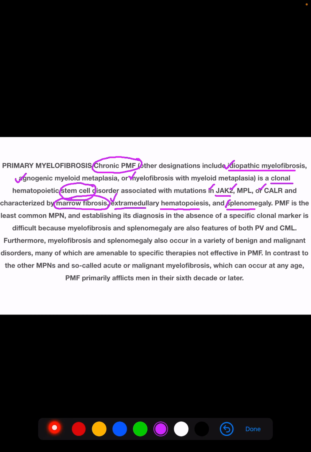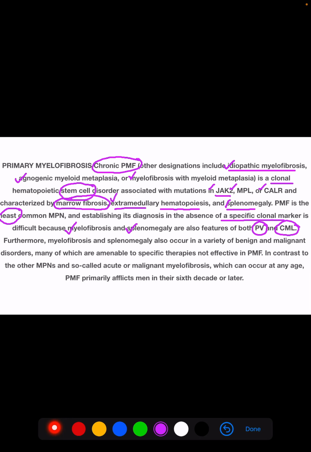Why? Because myelofibrosis and splenomegaly are also features of other myeloproliferative neoplasms like polycythemia vera and chronic myeloid leukemia.